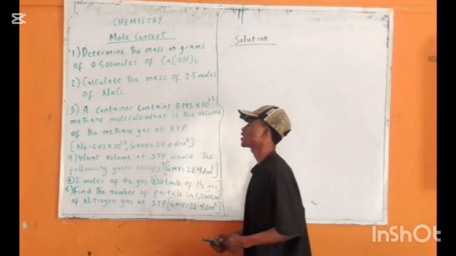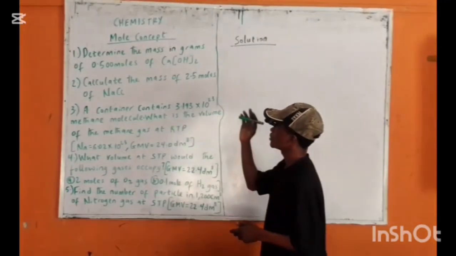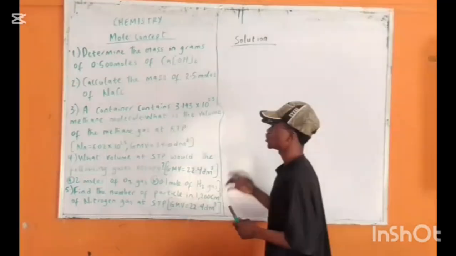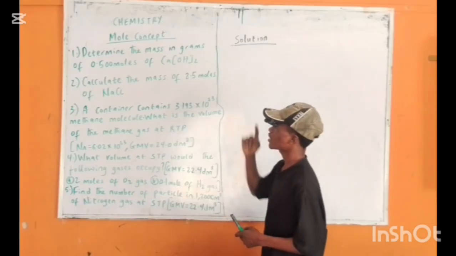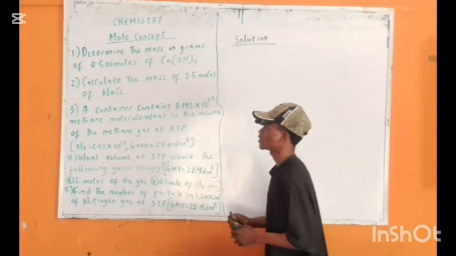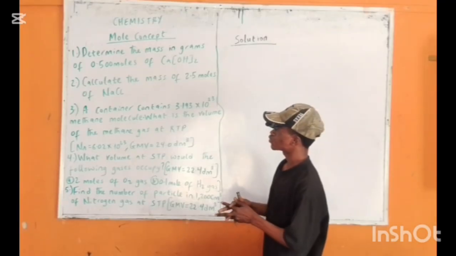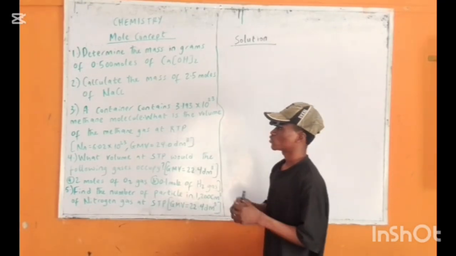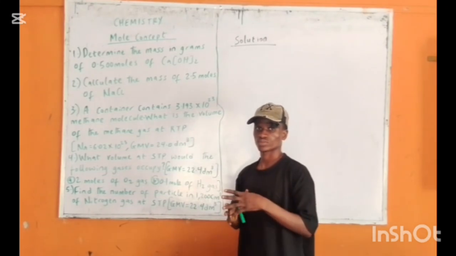Number 1 says: determine the mass in grams of 0.500 moles of calcium hydroxide. Now listen very well. When it comes to questions like this, just relate the units in the question.